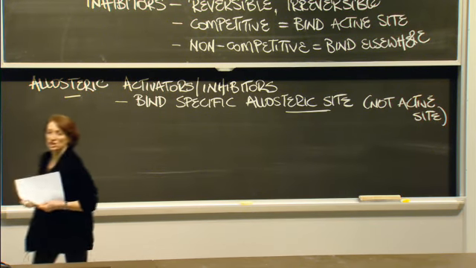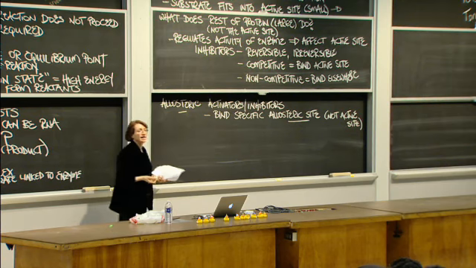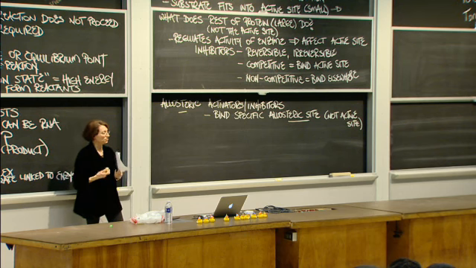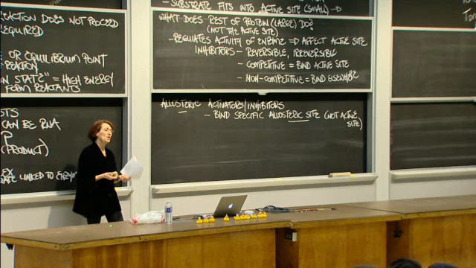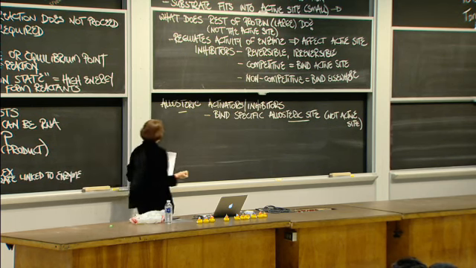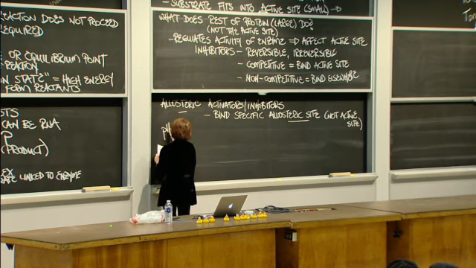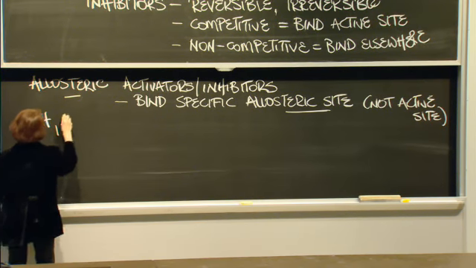Other things that can change enzyme function: pH. The enzymes that work in your stomach to digest your food work at a pH of 2. That's the pH in your stomach. It's very acid. Those enzymes will not work in your small intestine, which is at a pH of about 6 or 7. So pH, physiologically, can affect how enzymes work.